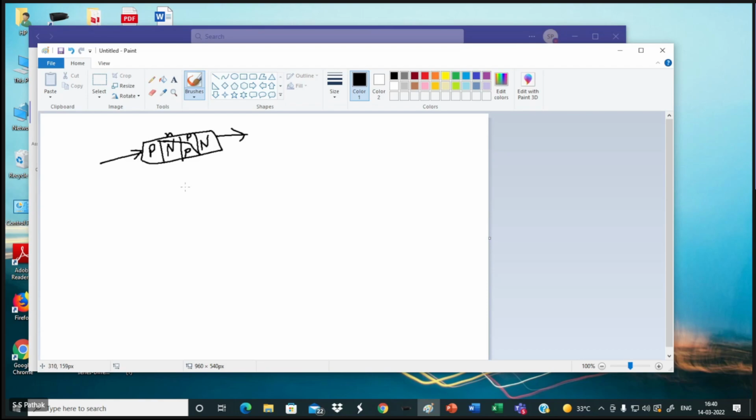So there I describe the current flowing through this. This is my I. Some voltage is applied here. And this current I is coming like that.